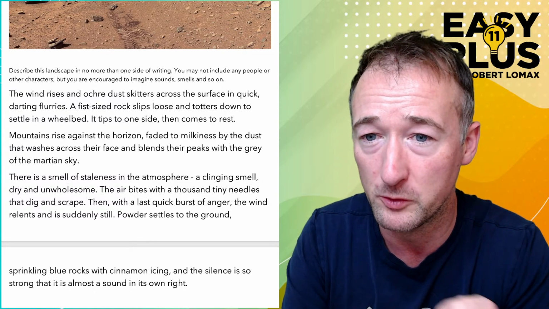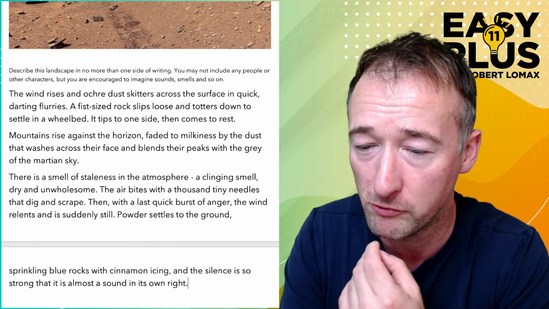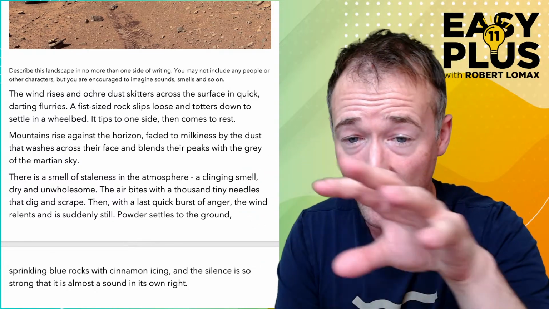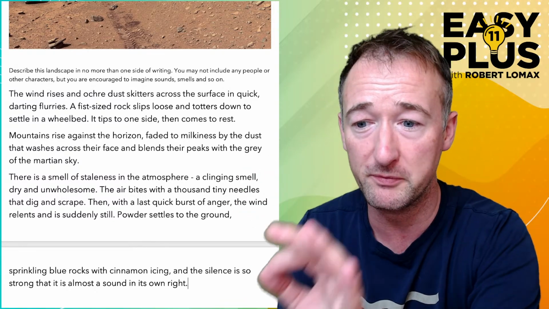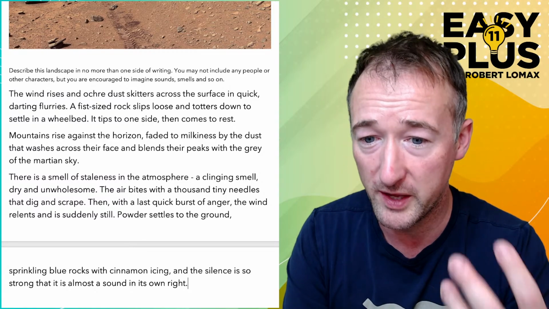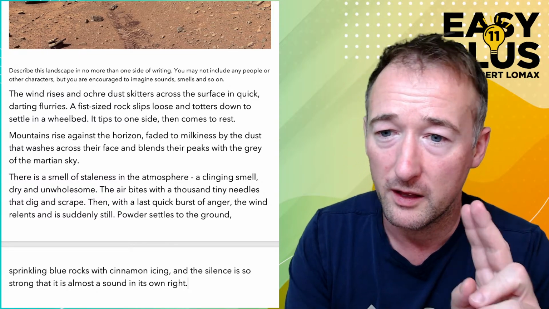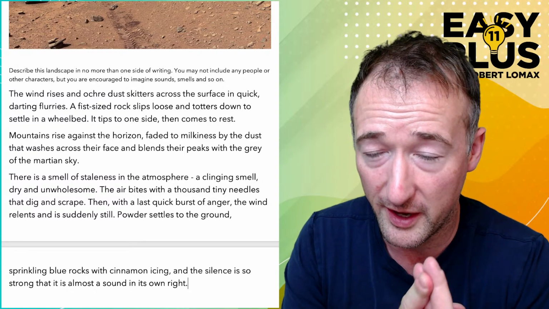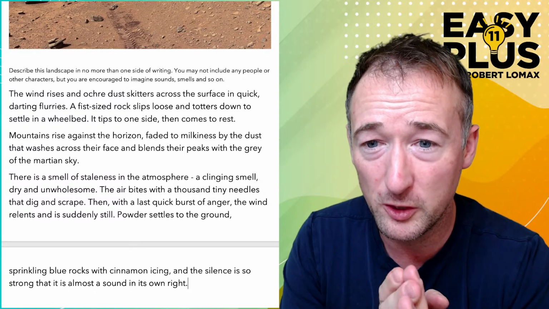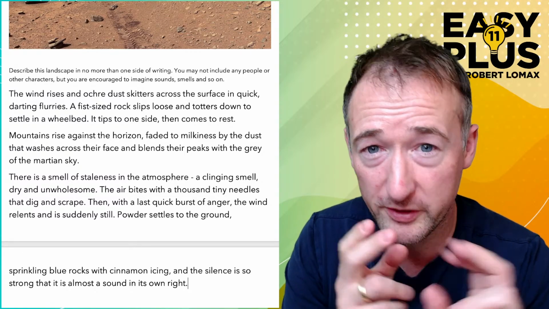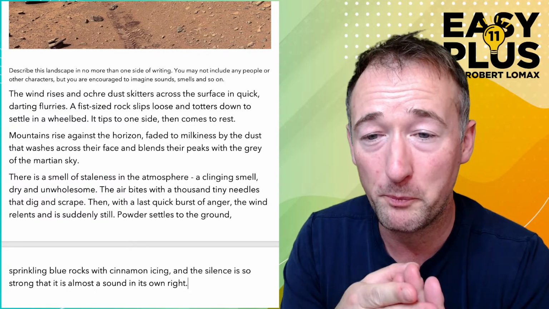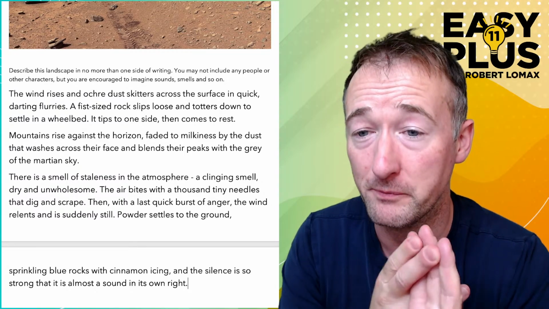For example, the way that we developed the idea of the rock, the way that we developed the idea of the atmosphere, from the smell to the feeling. Then we had the feeling relent, and so on. So a couple of things there. Find new ideas by exploring the different senses and by adding change in time.